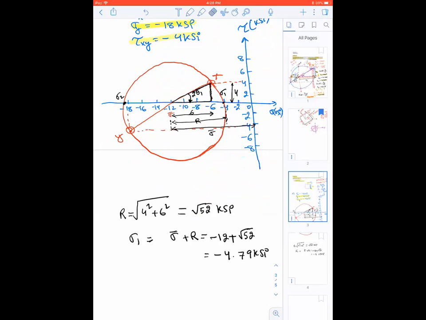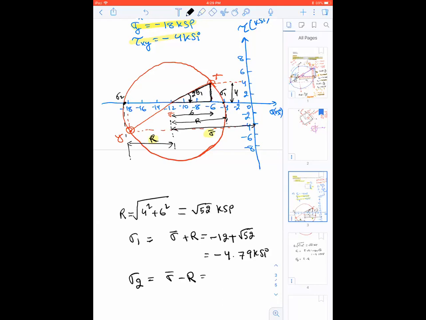All right. Let's go to sigma 2. For sigma 2, obviously, this is your radius all the way from here to your sigma 2. That's the radius, right? So for sigma 2, it's going to be sigma bar minus r, because we have to add this sigma bar to this r to get that coordinate for sigma 2.